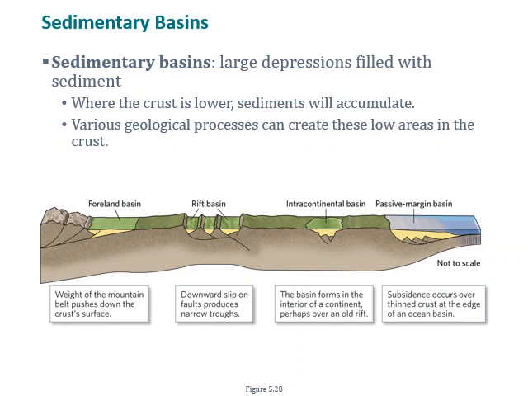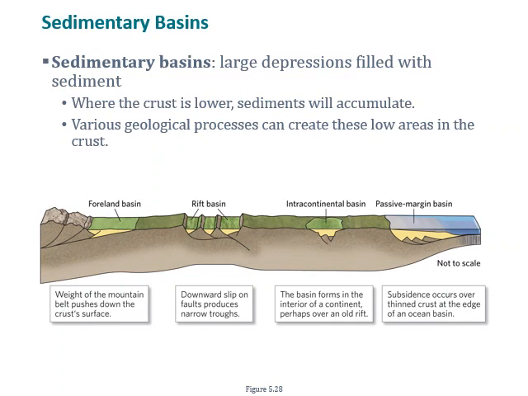There are foreland basins on the edges of mountain belts, rift basins where continents are starting to rift, producing narrow troughs, intercontinental basins in the interior of the continents, possibly over old or failed rifts, and then the largest of them and the most preserved are the passive margin basins, and these form on the edge of continents at thin crust at the intersection with oceans. It's important to note that these are on passive margins, not active margins.